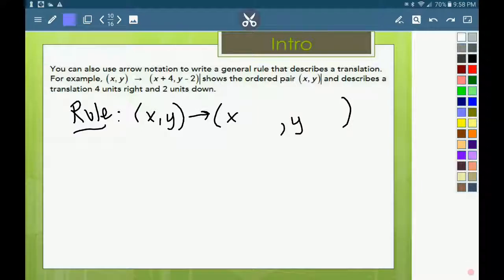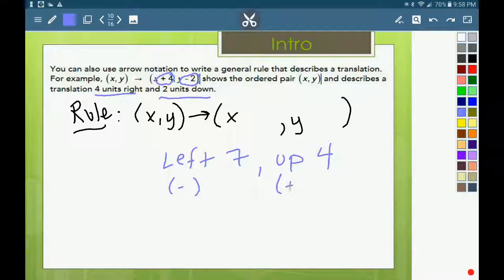So let's say instead of 4 units right, which corresponds to the +4, and 2 units down, which corresponds to the -2, let's say we were to do left 7, up 4. Well, left is like negative, up is like positive.